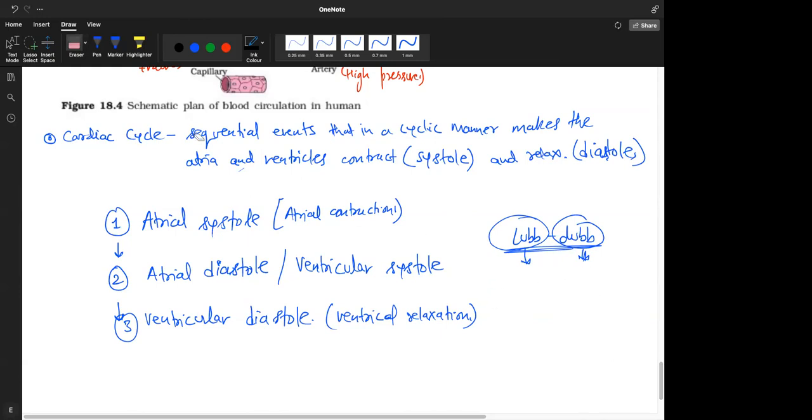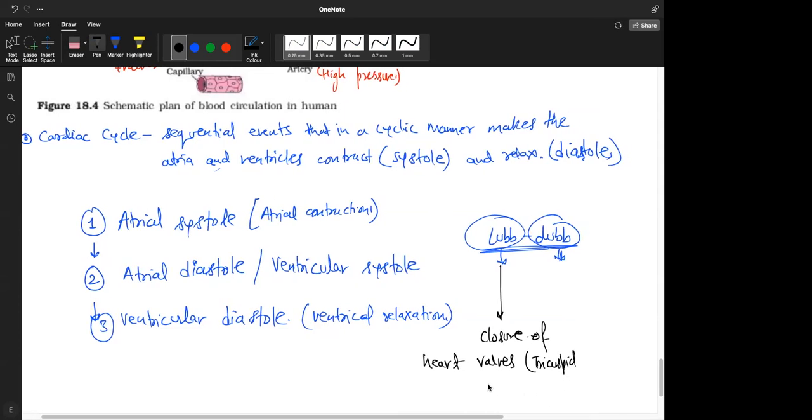So write down: lub is due to closure of heart valves, specifically tricuspid and bicuspid. And where are they present? Between the atria and the ventricles.